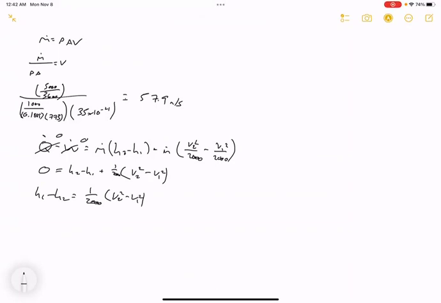Now, V2 is told to us as 400 meters per second. V1 we just found. And all we're solving for now is this change in enthalpy. How does this help us find the temperature?